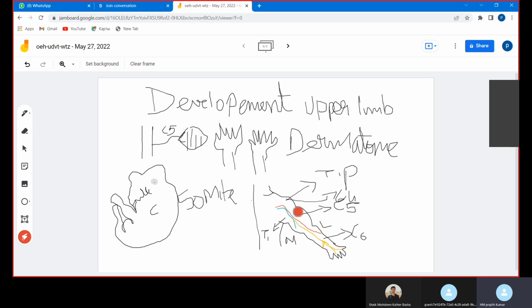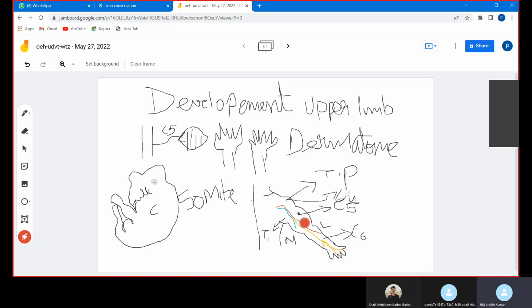That's why if there is any damage to the phrenic nerve, we also have pain in the tip of the shoulder. So this is a main point about diagnosing a patient. If they have pain in the tip of the shoulder, we may think that it is a shoulder pain, but it can be phrenic nerve damage too. So that is why it is necessary to know the dermatome that is going to supply these areas.